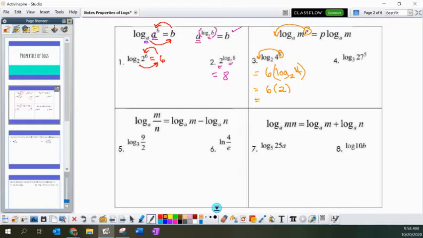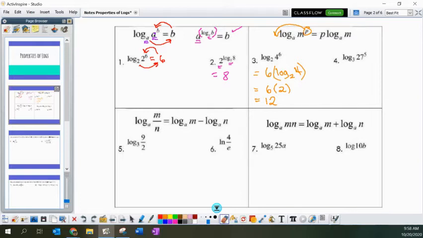So 6 times 2 is 12. What we're saying here is that 2 to the 12th power would give me 4 to the 6th power. The power we raise 2 to get 4 to the 6th power is 12.